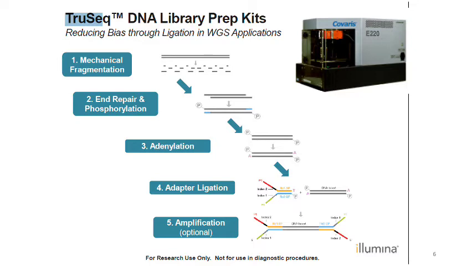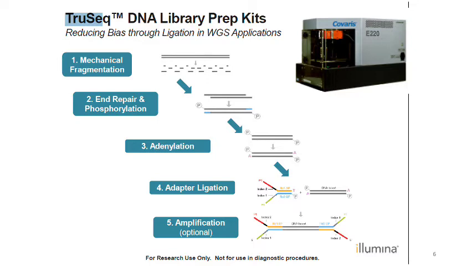The shearing of the DNA may result in 5' or 3' overhangs, which brings us to step 2, end repair and phosphorylation. To facilitate the addition of adapters, the ends of the fragments are repaired using a DNA polymerase to fill in the 5' and 3' overhangs. The 5' ends of the fragments are also phosphorylated using the calf intestine phosphorylase.